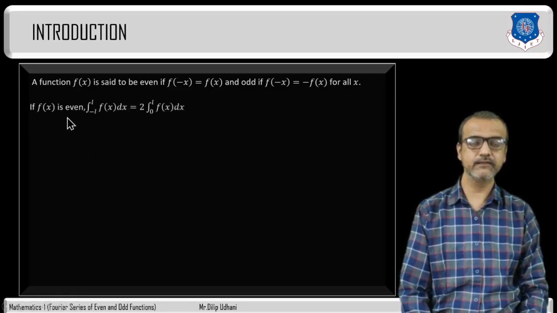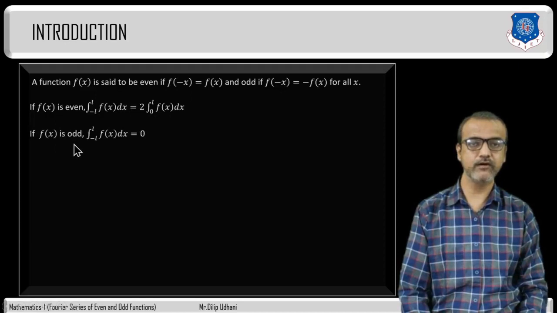If f(x) is an even function, then the integration from -L to L of f(x) dx equals 2 times the integration from 0 to L of f(x) dx. And if f(x) is an odd function, then the integration from -L to L of f(x) dx equals 0.